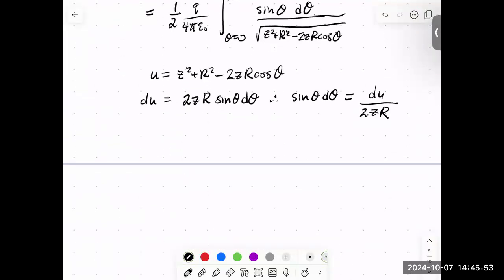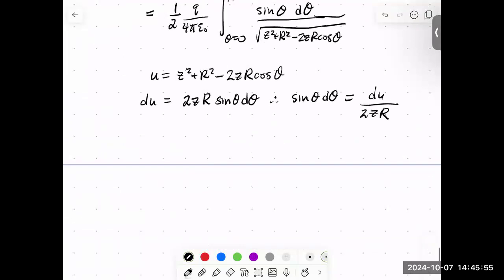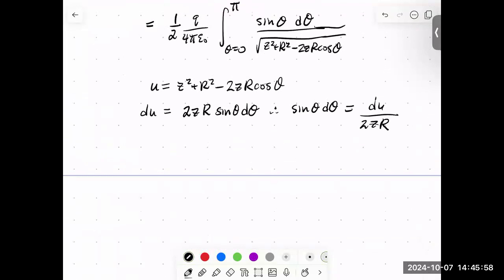Okay, so the next little insight in order to make this easier is we're going to say when theta is equal to 0, u is equal to what? Theta is 0, cos theta becomes 1. So we get z squared plus r squared minus 2zr. What's a nicer way of writing that?